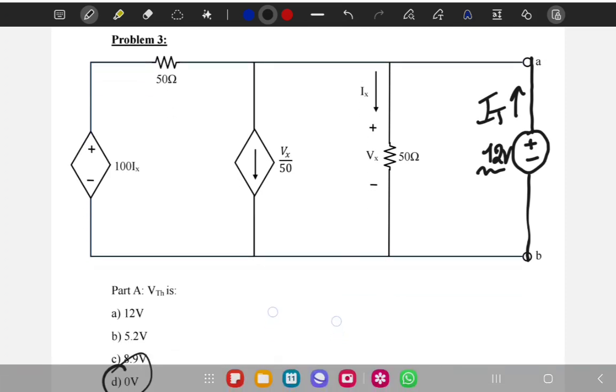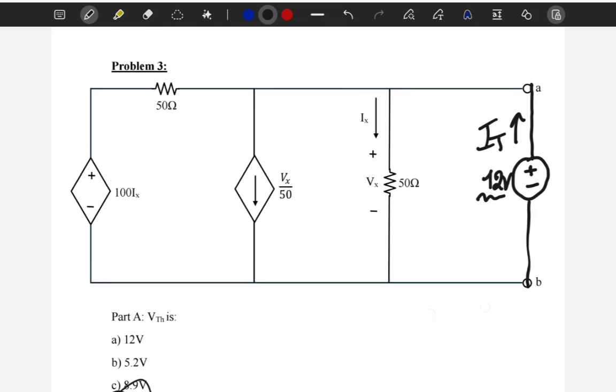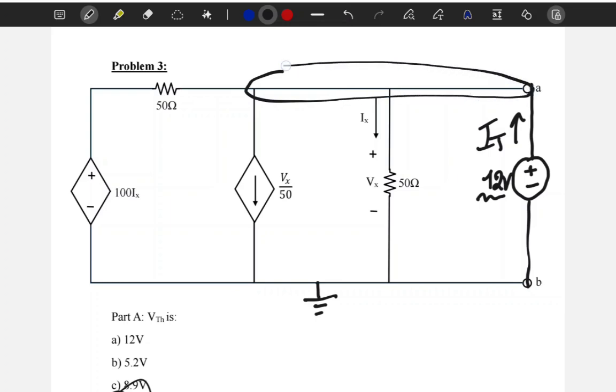Okay, so in order to find It, well, actually, let's see if I could use node voltage. Okay, like this. Now the value of the voltage in here is 12 volts, right?